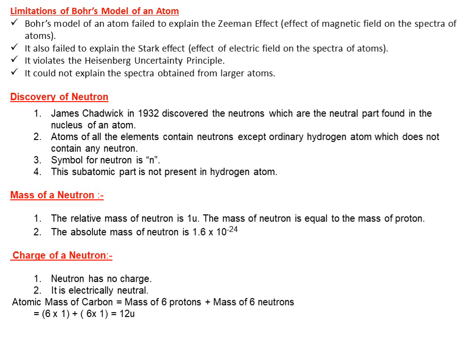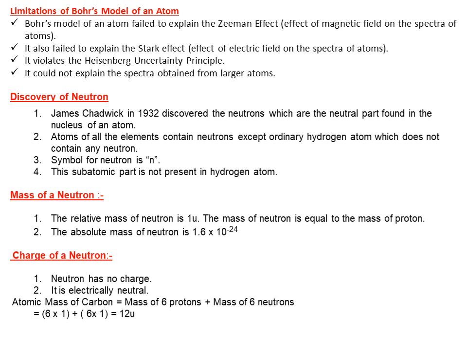It was termed the neutron. Almost all atoms contain neutrons except hydrogen. Generally, the neutron is represented by small n. This subatomic particle is not present in the hydrogen atom.